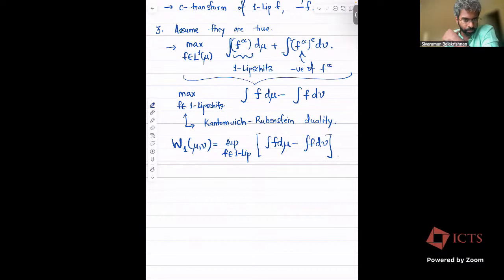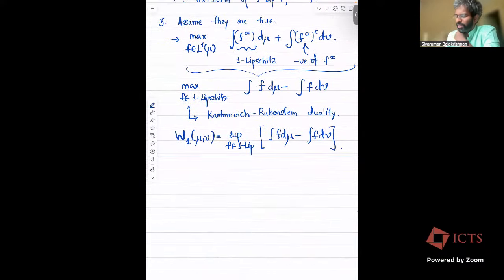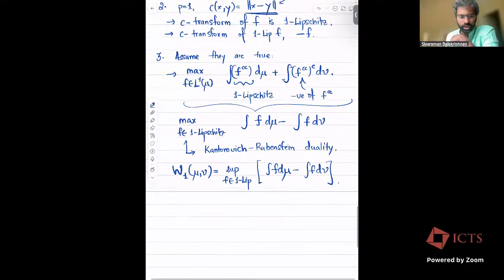Okay, so let me pause for a second and just see if we have questions, and then we will go back and quickly verify these C transform properties. Are you stating any theorem here that says strong duality holds? Like, what exactly is the theorem?